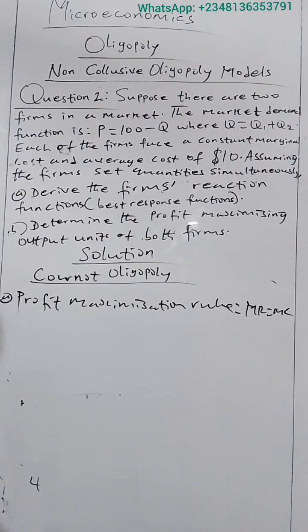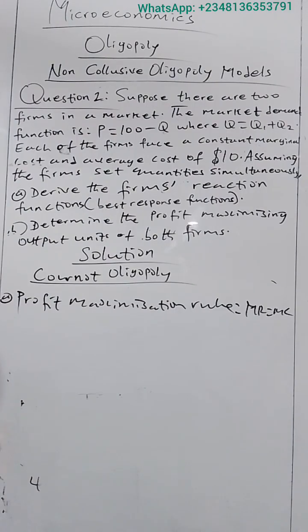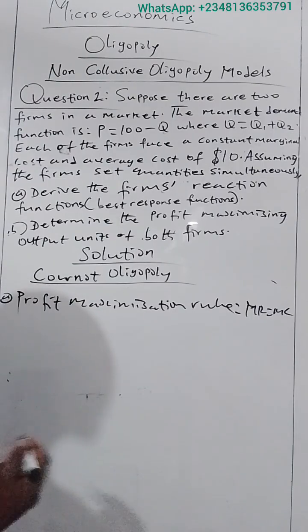Because we have firm 1 and firm 2 here, it's going to be MR1 equals MC and also MR2 equals MC, because the MC are identical here. Now we know our MC. What of our MR? We don't know that, so we need to derive our MR.